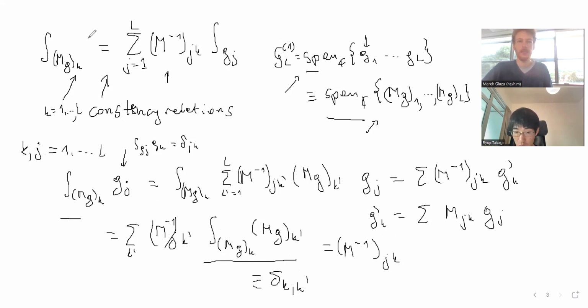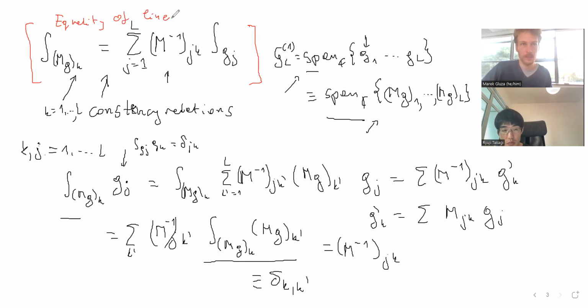And the only thing that is missing from the transformation that I was writing is that we have those integrals. But this is like equality of a map. So this is equality of linear maps, yeah?